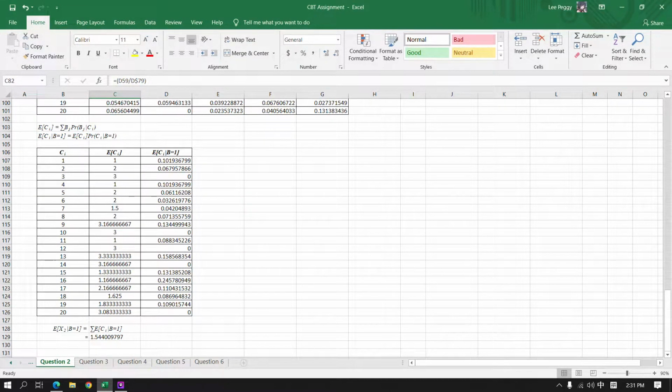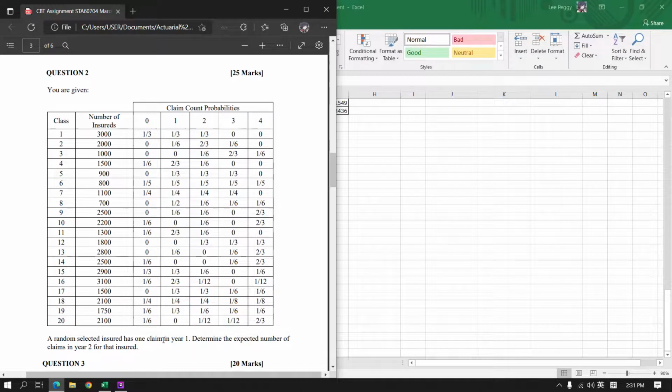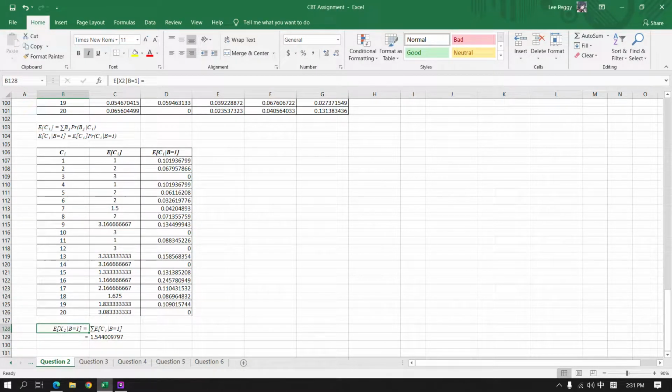The question wants us to find the expected number of claims in year 2 for that insured, which is a randomly selected insured who has one claim in year 1. So we need to find the expected value of X2 given B equals 1.